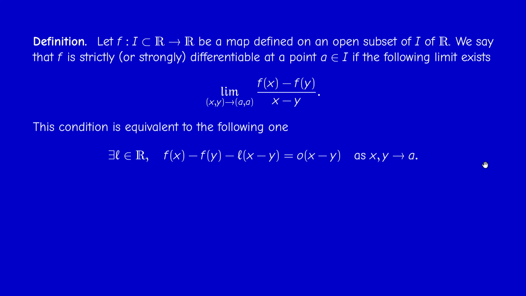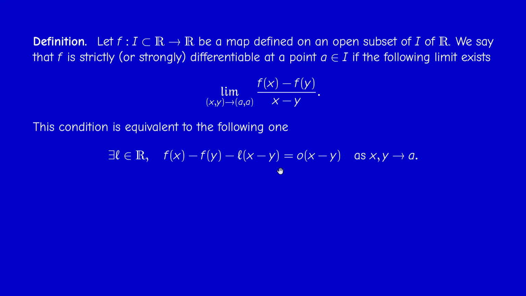Now, the purpose is to extend this definition to the case of maps between norm spaces. So we do the usual way. We start by rewriting this limit. If this limit is L, then the existence of this limit means that there exists a number L such that f of x minus f of y minus L times x minus y is a small o of x minus y.